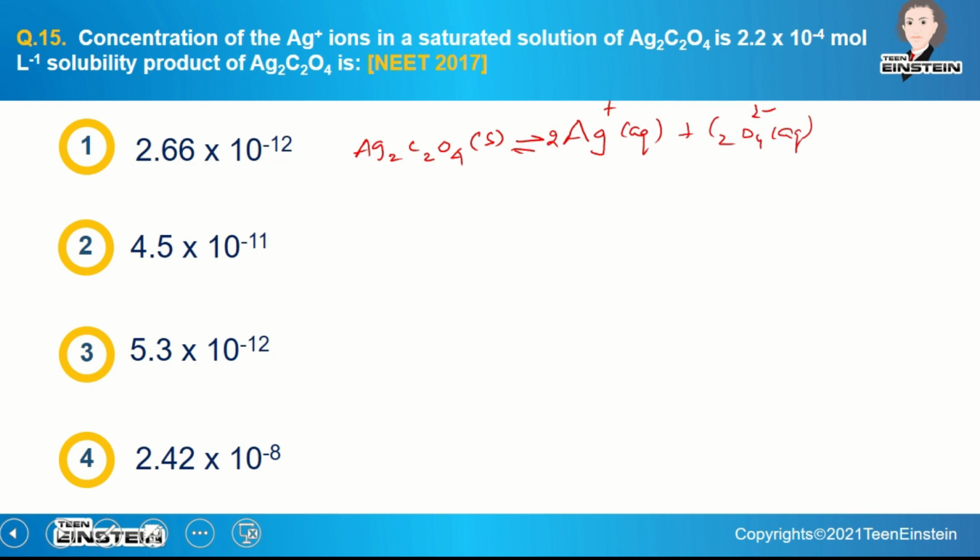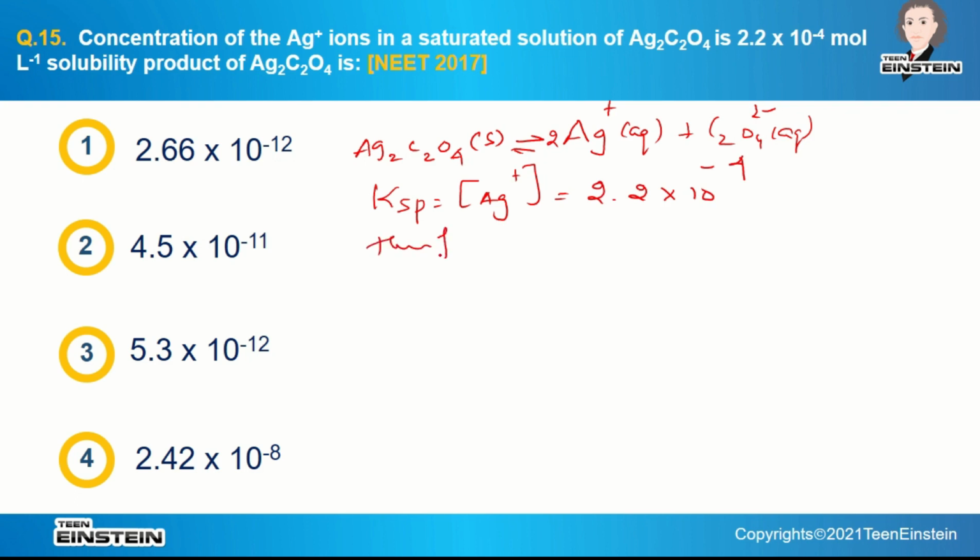So let's write down the solubility product. So the solubility product is KSP of Ag plus, which is equal to, that is the concentration of Ag plus ion in a saturated solution is 2.2 into 10 to the power minus 4.